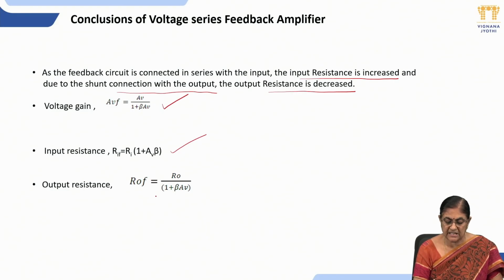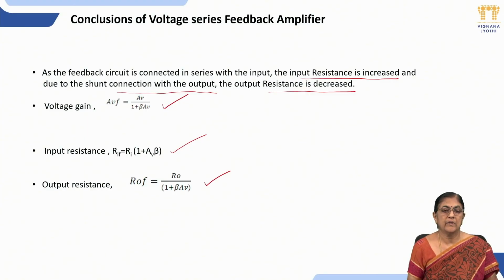And the output resistance of the feedback amplifier decreases because of the shunt connection at the output terminals of the basic amplifier. So I think now we have clearly understood the derivation for voltage gain with feedback, input resistance with feedback, and output resistance with feedback of the voltage series feedback amplifier.